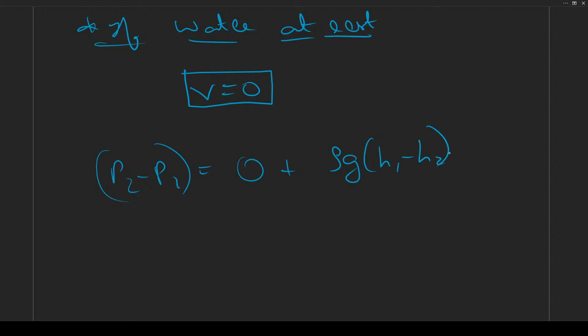Yeah, that's the case. Now P2 minus P1 is equal to rho G H1 minus H2.